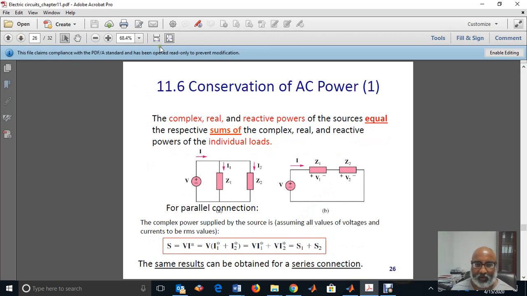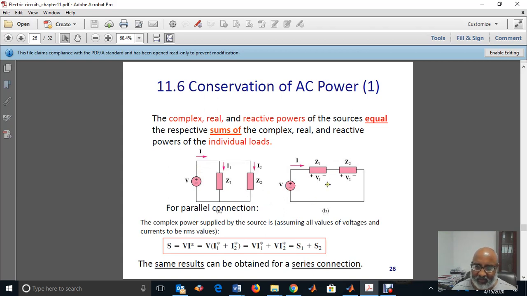Conservation of AC power. If I have a source here, I have a complex power. The total complex power is equal to the sum of all powers of the individual loads. So if I have, for example, two loads here, Z1 and Z2, the total complex power S is equal to S1 plus S2.